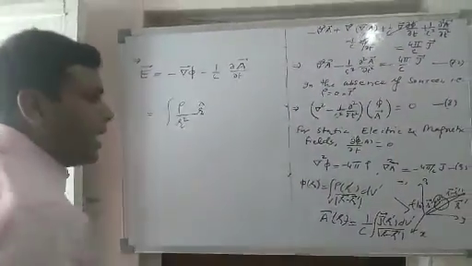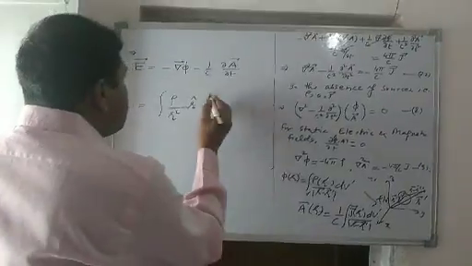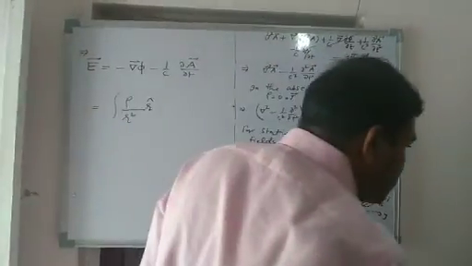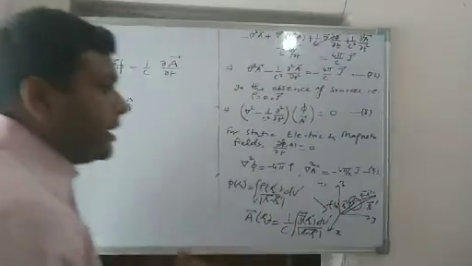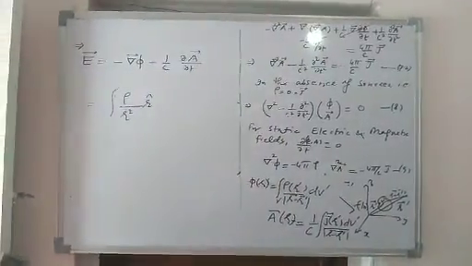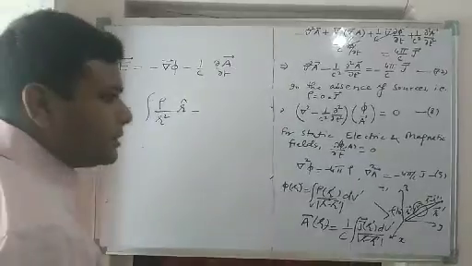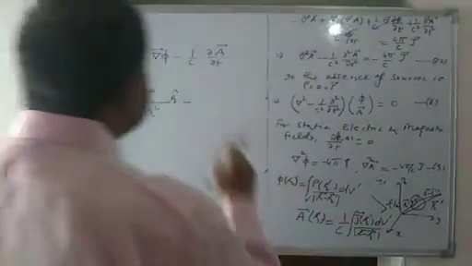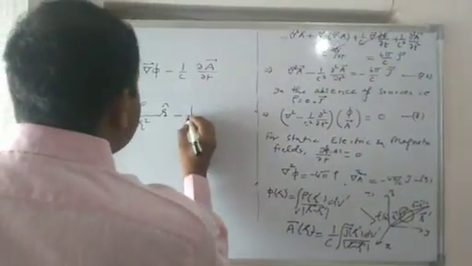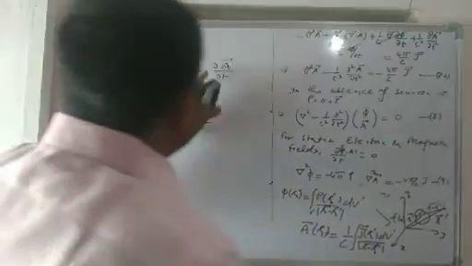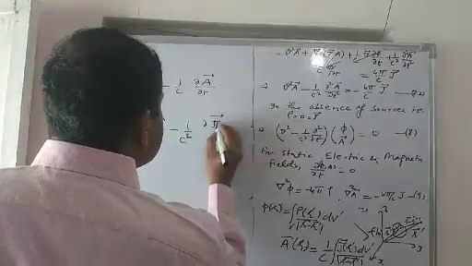So this is going to be r hat, and then we should write minus 1 over c ∂A/∂t. So therefore we will have minus 1 over c here and 1 over c there, giving 1 over c squared, and ∂/∂t, so that will give you ∂J/∂t.